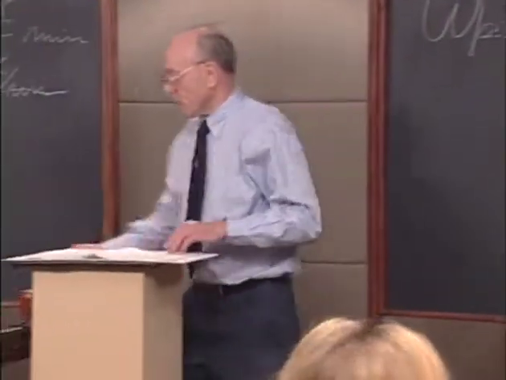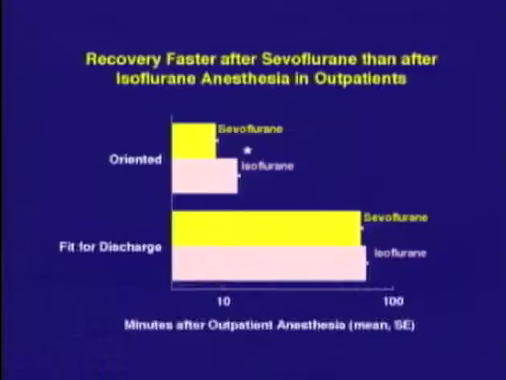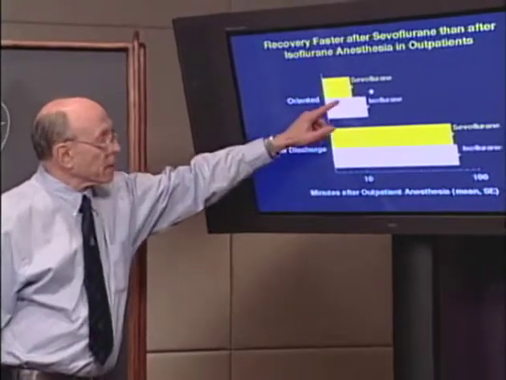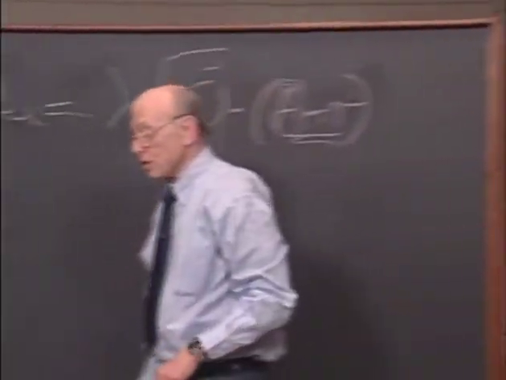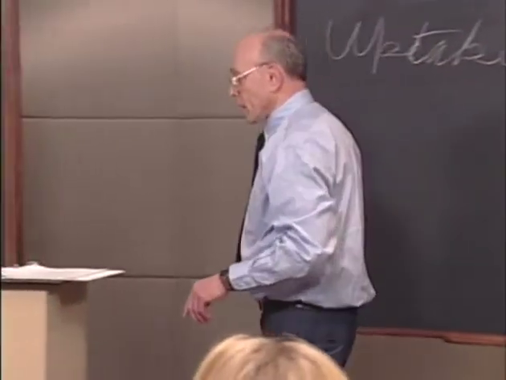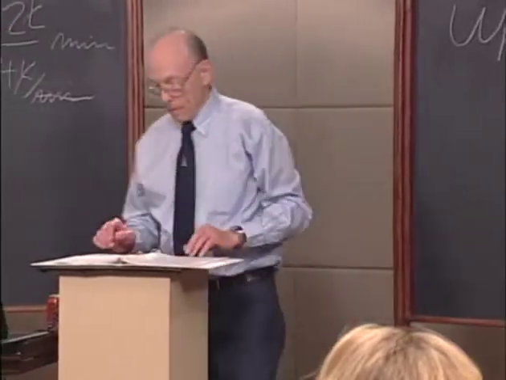And similarly, we find that patients given sevoflurane are oriented sooner than those given isoflurane. So we see the sevoflurane bar here and the isoflurane bar here, and clearly the sevoflurane patients are awakening in a shorter period of time.